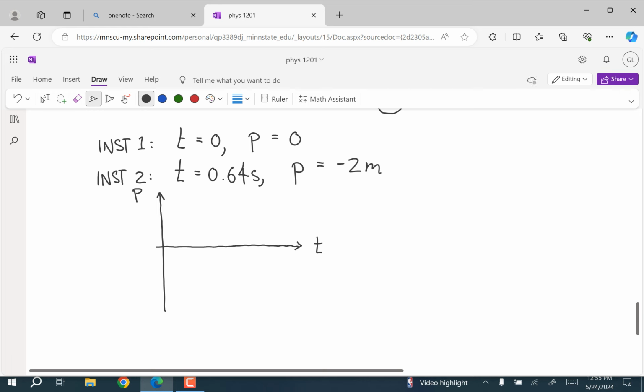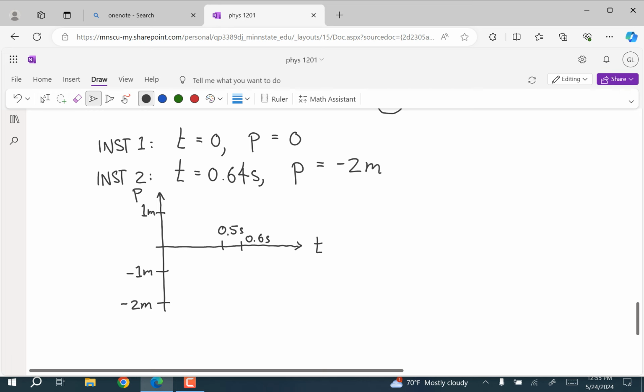We're always going to put time on the horizontal axis and position on the vertical axis. And our relevant times are going to be, well, let's say this is 0.5 seconds, this is 0.6 seconds, and so our relevant time is going to be a little more than that. Our position, we'll say that's positive 1 meter, that's negative 1 meter, that's negative 2 meters.